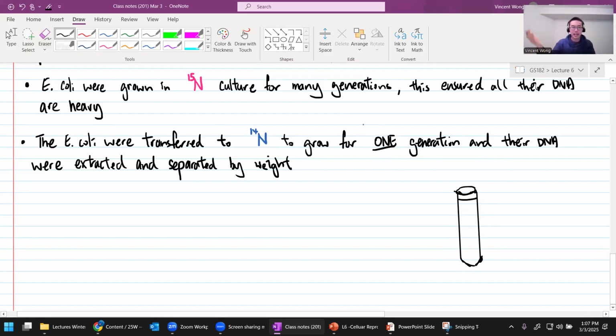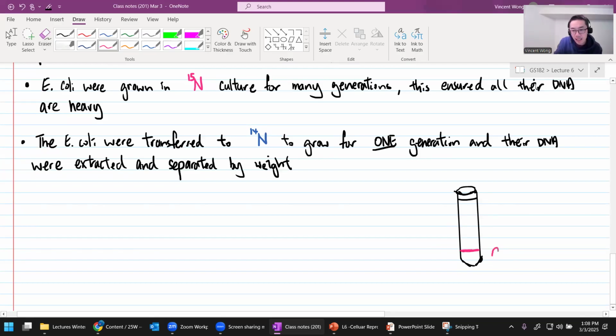And you have to spin it down. You have to use a centrifuge to separate the content. Okay. So we have different kinds of DNA now. We have DNA that is made up of heavy nitrogens, and we have DNA that is made up of N14, right? So which one's going to sink to the bottom, the N15 or the N14? Now that's a rhetorical question, right? I hope you understand, because 15 is heavier, it's going to be down here.